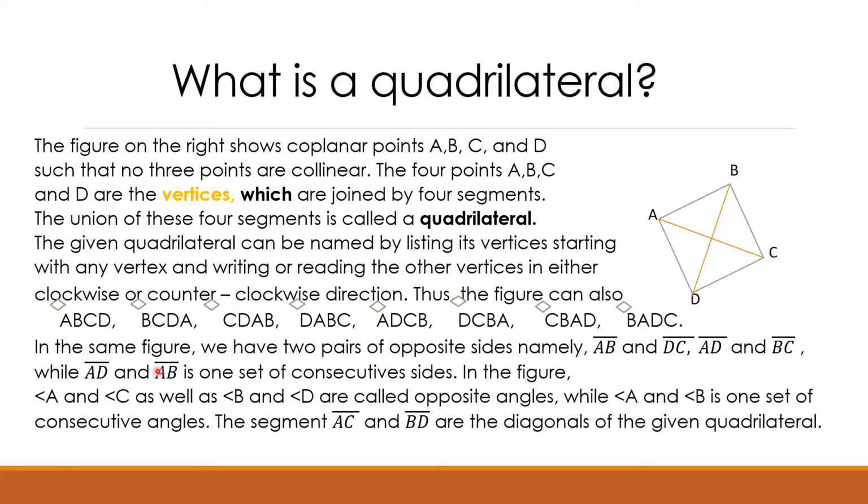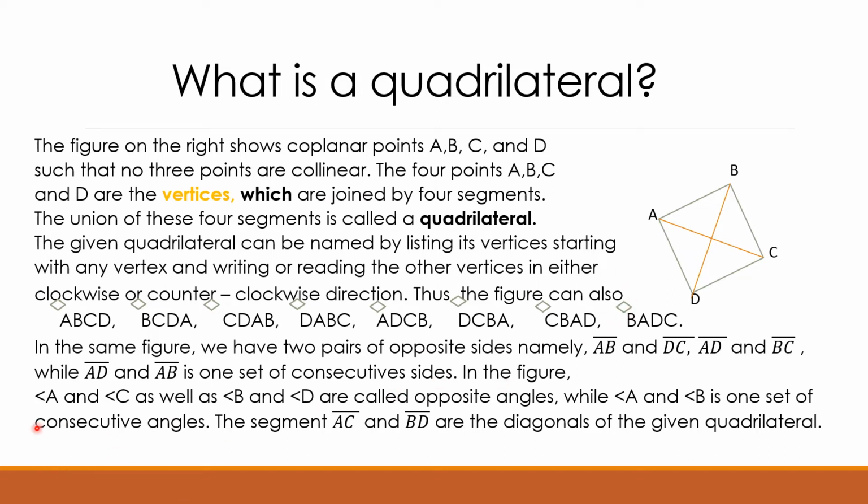Now, in the same figure, we have two pairs of opposite sides, namely segment AB and segment DC. So, these are opposite. And segment AD and segment BC. While segment AD and AB are one set of consecutive sides.